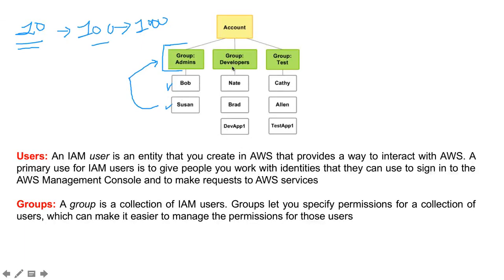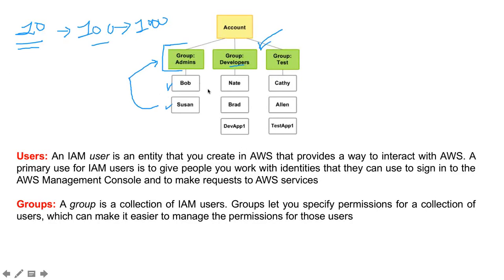Now you have another group called developers. To this group, you attach certain policies. For example, you give permissions to some development resources like CloudFront, CodeCommit, CodeDeploy, CloudFormation, Elastic Beanstalk, and all these kinds of things.